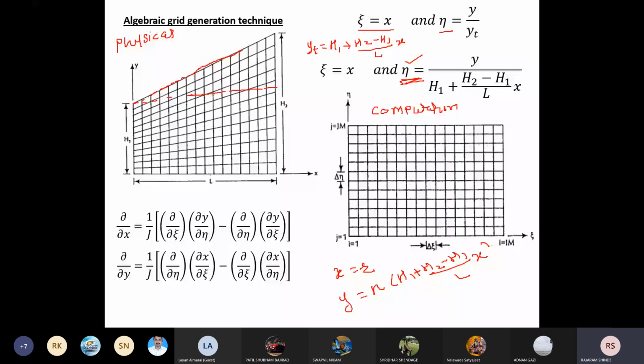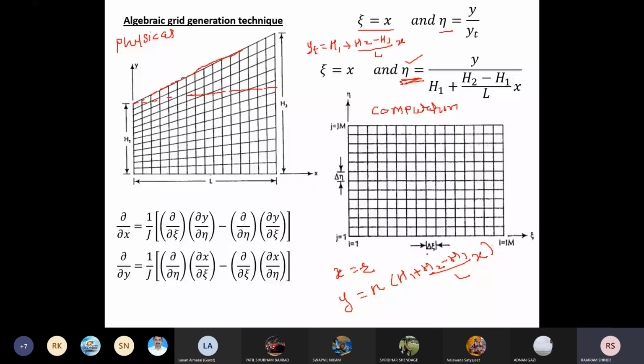Now after writing inverse transformation, you can observe this relation. It is for rectangular grid system with spacing generated in computational plane. Now in computational plane, this spacing is generated, and this will form the computational grid.